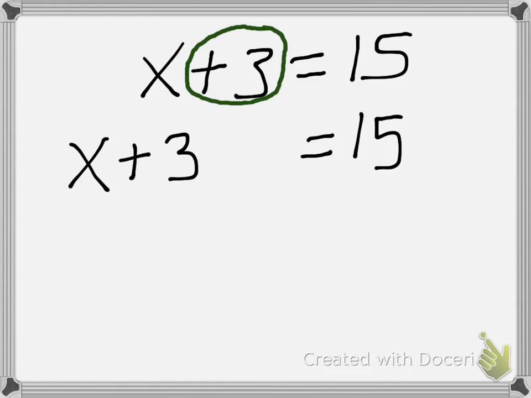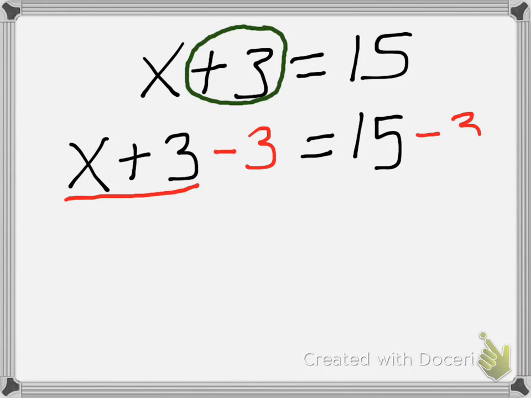Now, what we do is we figure out the opposite of adding by 3. So I rewrite the left side of the equation exactly the same. As you can see, x plus 3. And then I do the opposite of adding 3, which is subtracting 3.